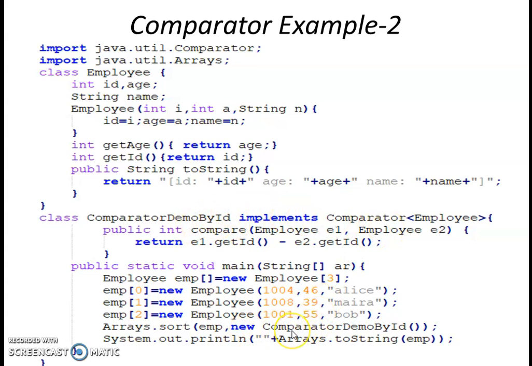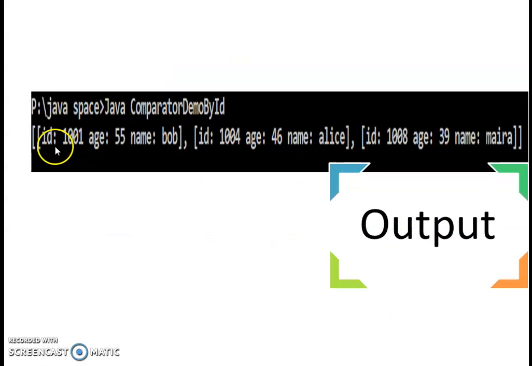So here you can see now we are printing Arrays.toString and we are passing emp to it. So this time it will print the objects sorted based on ID, right? So when we compile this code and run this code, objects will be printed, and here you can see objects are sorted based on their ID. First one is 1001, next object 1004, and next 1008, right? Hope this output is clear.